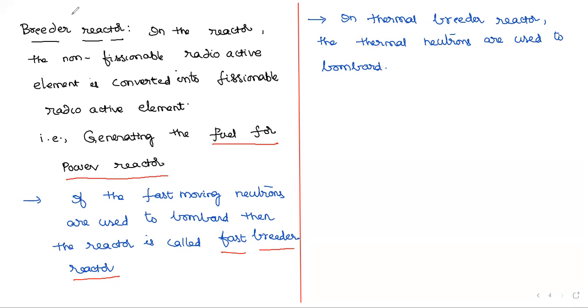Sir, will you give one or two examples? Yes, sure. In the case of the fast breeder reactor, take uranium-238 as the fuel. It is bombarded with a fast neutron: 92-238 plus n(0,1).